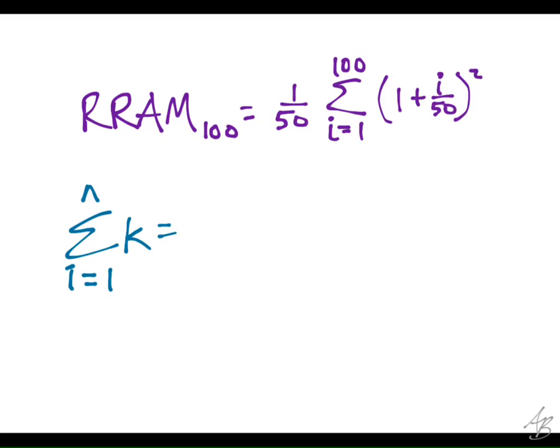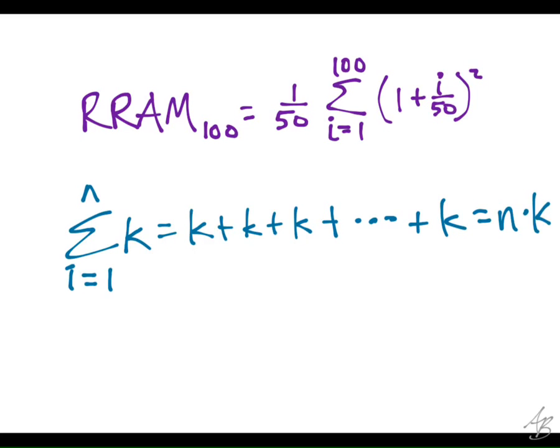If we have something like the sum from i equals 1 to n of some constant, I'll call it k, what this means is that we're going to add k together how many times? N times, right? So it's going to be k plus k a bunch of times, and the last one's even going to be k. And if we add k together n times, what do we get? N times k. All right, so, or kn, nk.